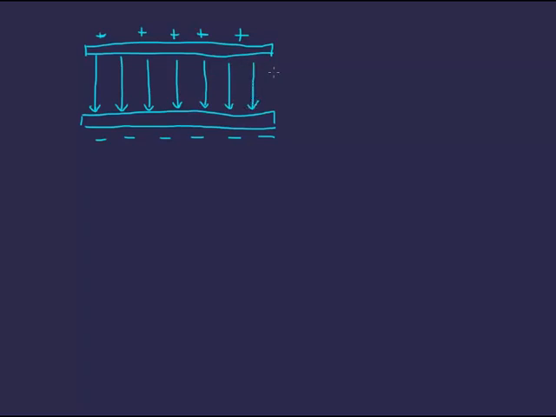If you have a uniform electric field, then the force is Q times E. And we saw that the work done before is going to be Q times E, the force, times the distance. Now that work done is the change in potential energy.